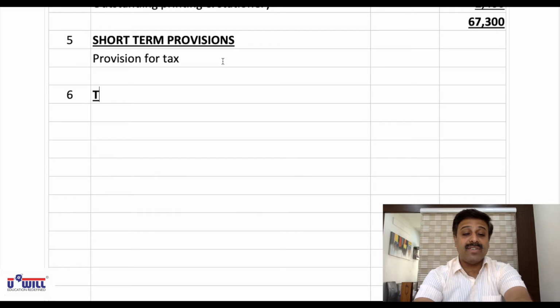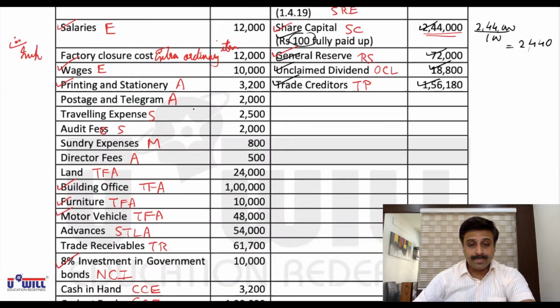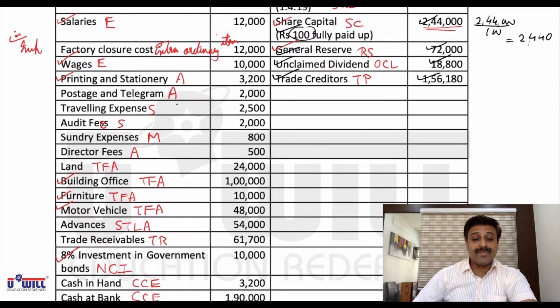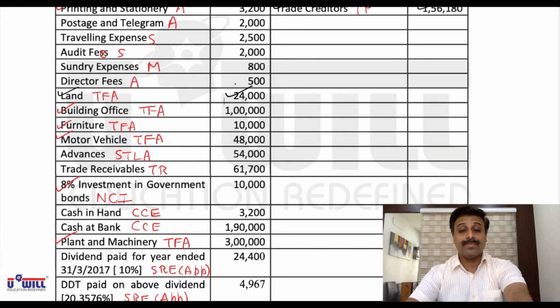Now in assets, very first we'll have tangible fixed assets. So TFA marked items. In that very first we have land 24,000 directly in outer column.